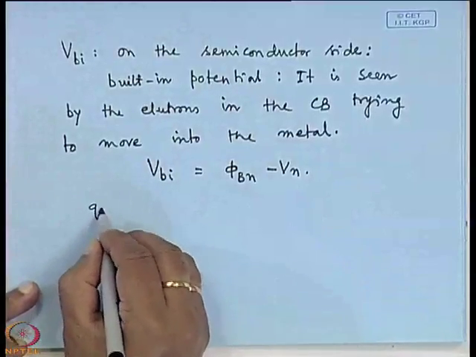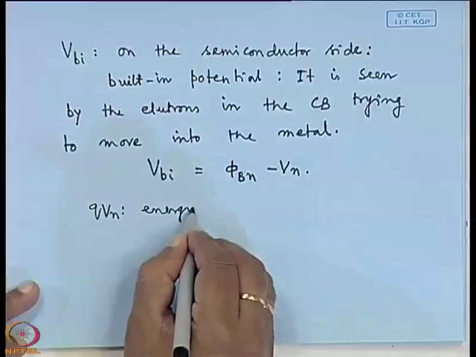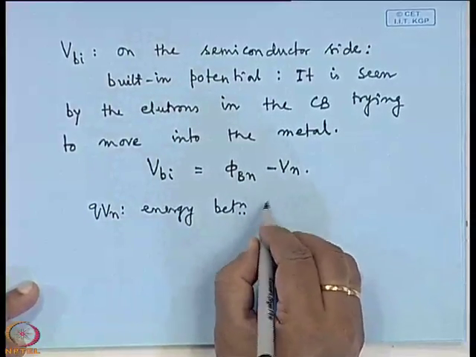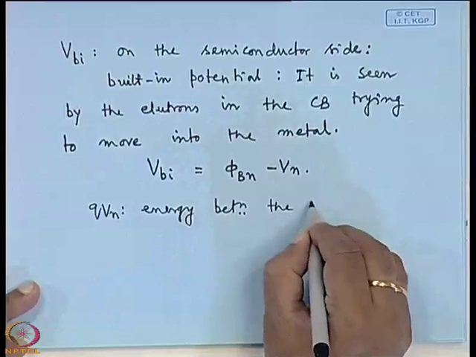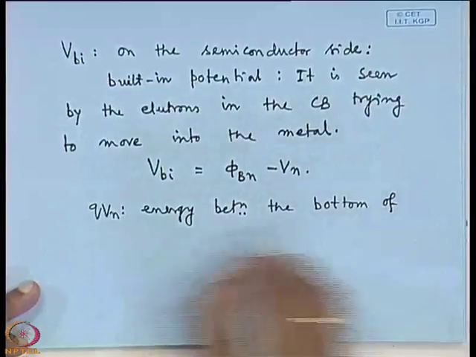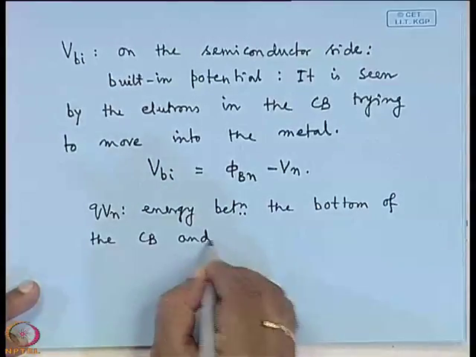What is V n? q V n is the energy between the bottom of the conduction band and Fermi level.